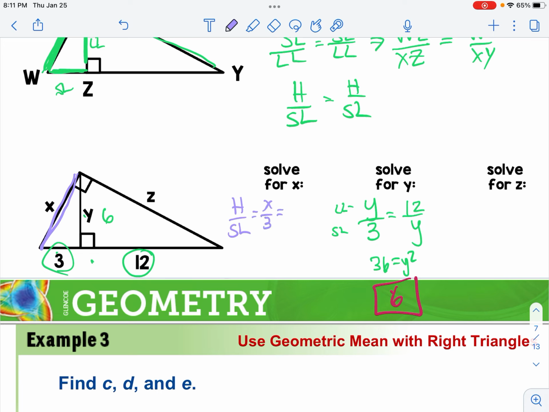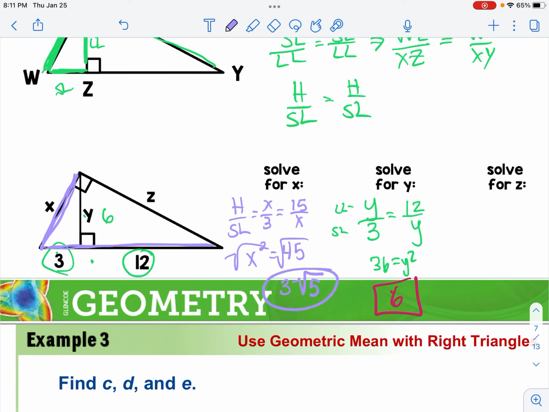Now I just need another one that I have the hypotenuse for. I have the hypotenuse for this big one here, so I'm going to use that one, which is 15, over that one's short leg, which also is x. So I end up with x squared is equal to 45. When I square root both sides and simplify, I'm going to end up with 3 radical 5.